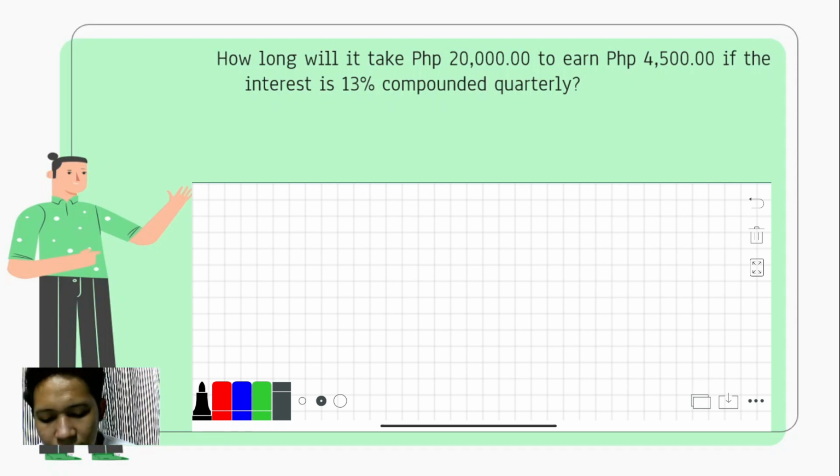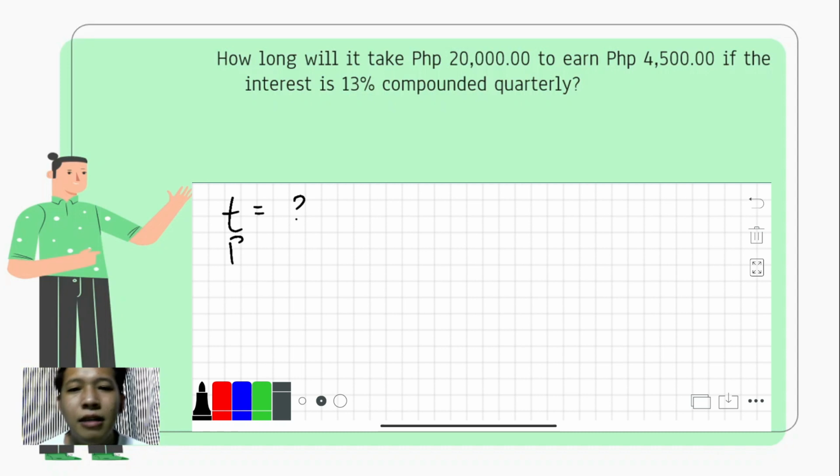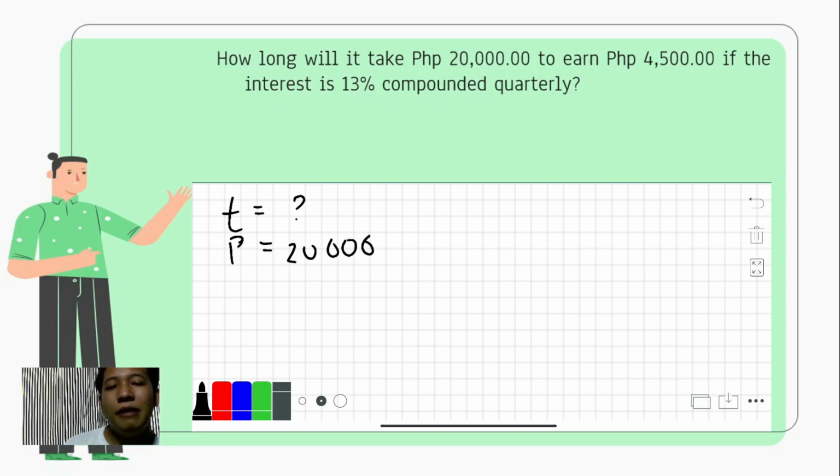Okay? So we are looking for the time. We are looking for the time to which ang ating principal daw ay, sabi dyan, how long will it take 20,000 pesos? So the principal is 20,000. And then, sabi dyan, to earn 4,500.